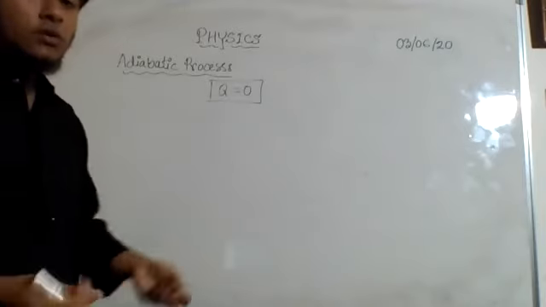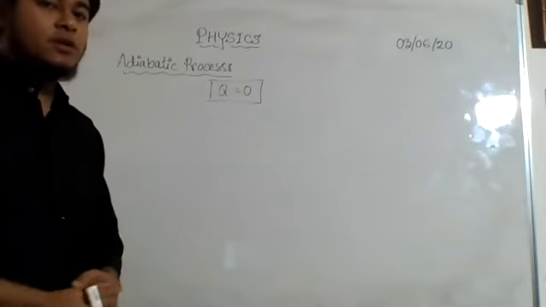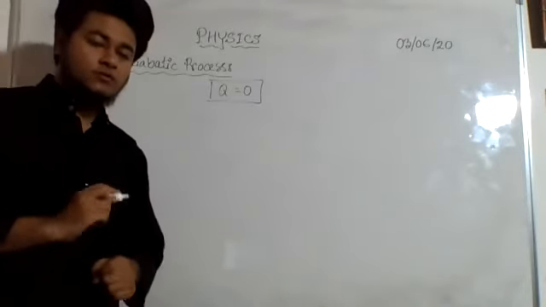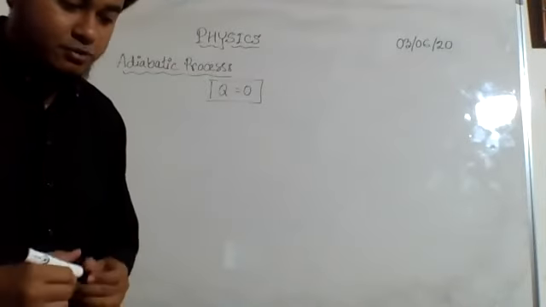Q is equal to 0. Now what is Q? Q is the amount of heat supplied. You will not supply any heat to the system. That is the adiabatic process.